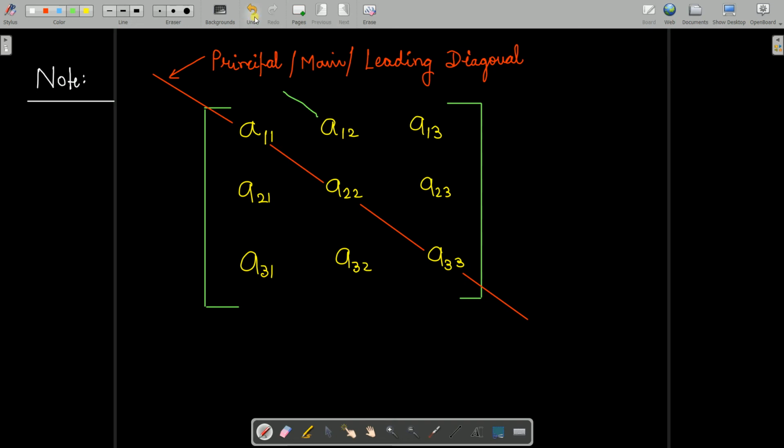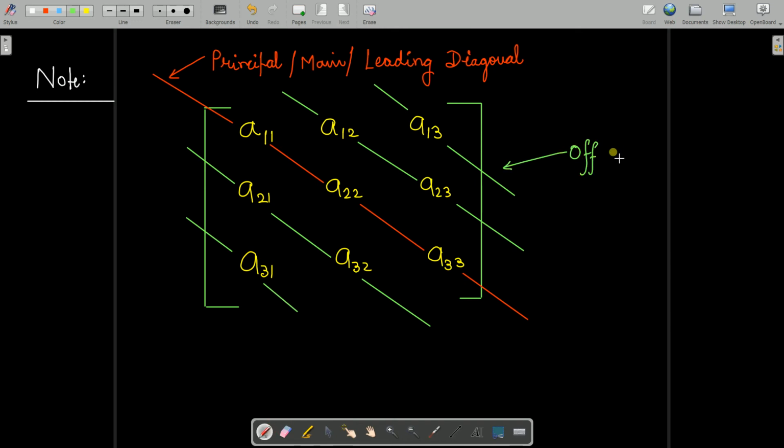So this diagonal is also a diagonal, this is also a diagonal, this one is also a diagonal, and the last one is also a diagonal. So the rest are off diagonals. This is my principal or main or leading diagonal, and the rest of the diagonals are my off diagonals.